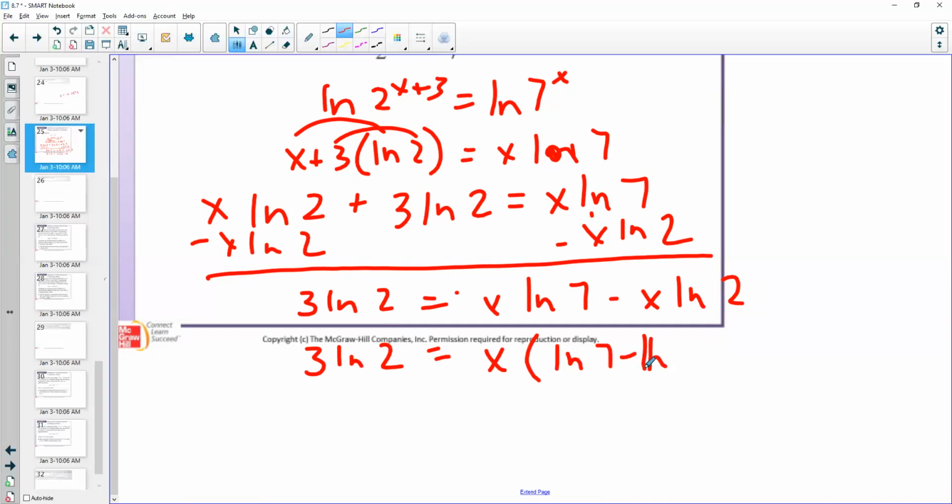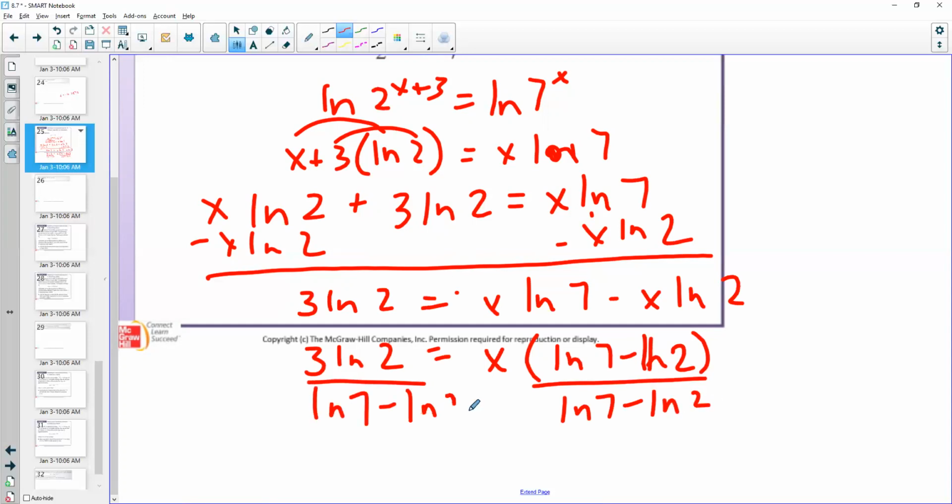Now I've isolated my variable, right? That's what I wanted all along. Now I can just divide by this. So I would just do 3 times the ln of 2 divided by the ln of 7 minus the ln of 2. And if you need to figure them out on your calculator, write what that is and what that is and calculate them, do that.